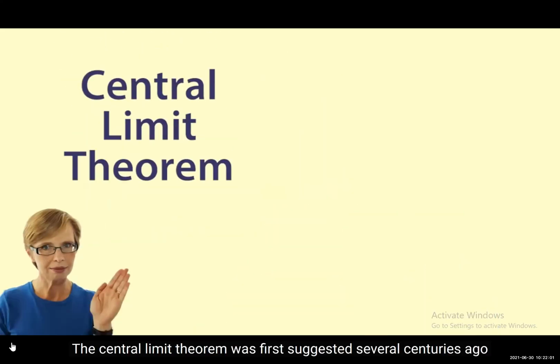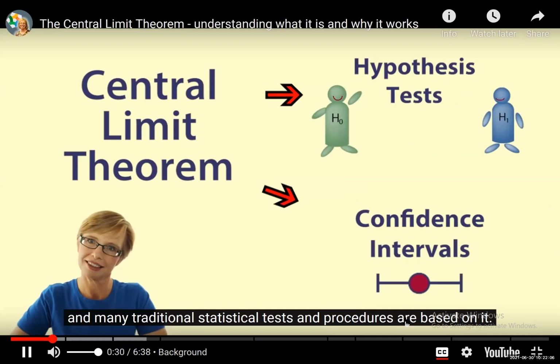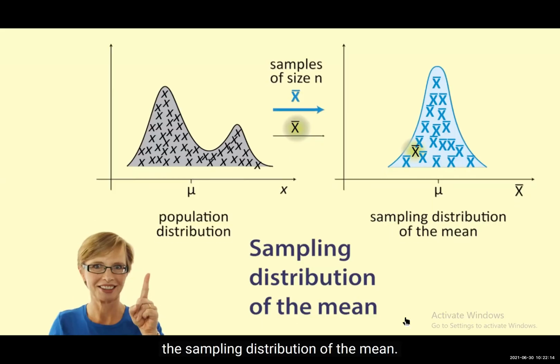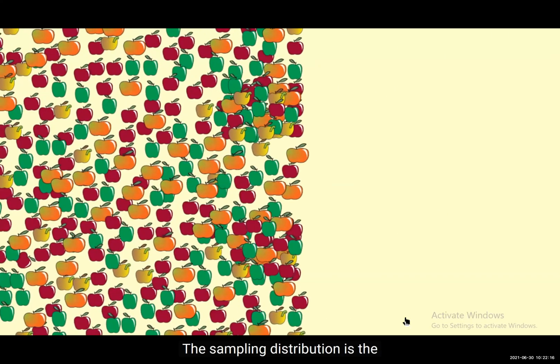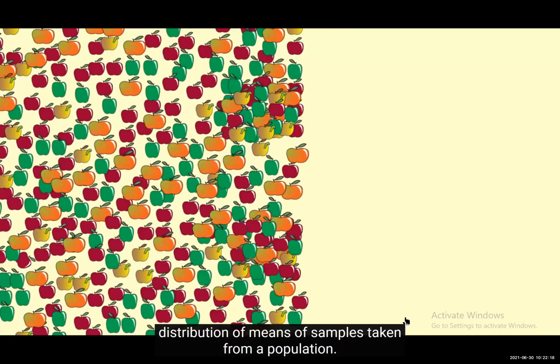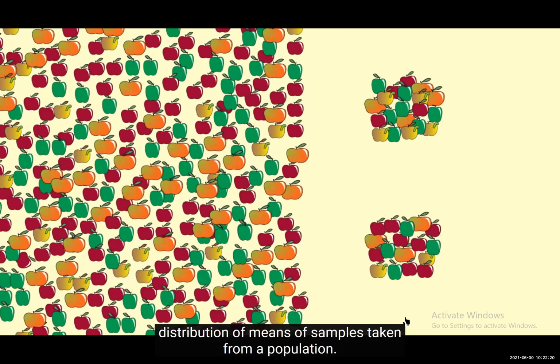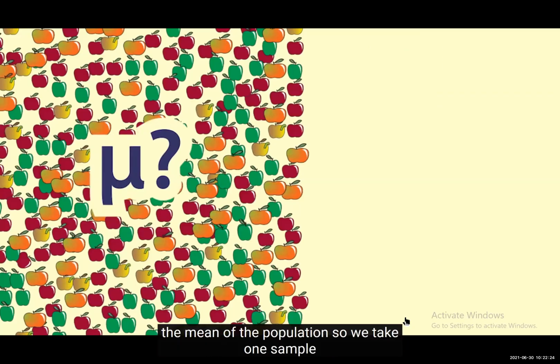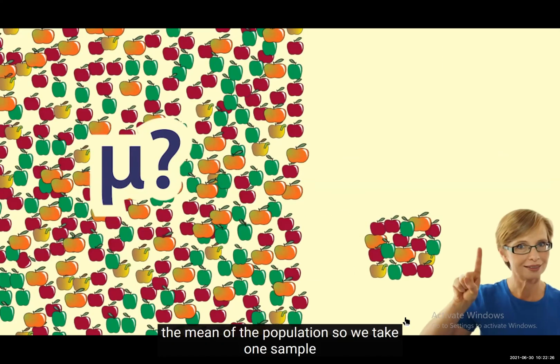The central limit theorem was first suggested several centuries ago, and many traditional statistical tests and procedures are based on it. The central limit theorem is concerned with the sampling distribution of the mean. The sampling distribution is the distribution of means of samples taken from a population. Usually, we do not know the mean of the population, so we take one sample.